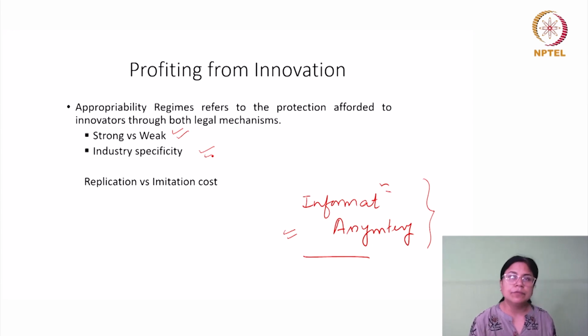That means if the technology is very easy to replicate and transfer, but it is very difficult to imitate, then the innovator will be able to capture the larger part of rents by licensing it. On the other hand, if imitation is rather easy, then they would be very wary or will not be forthcoming in order to transfer that.